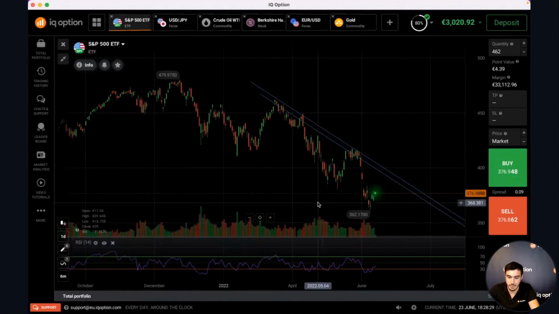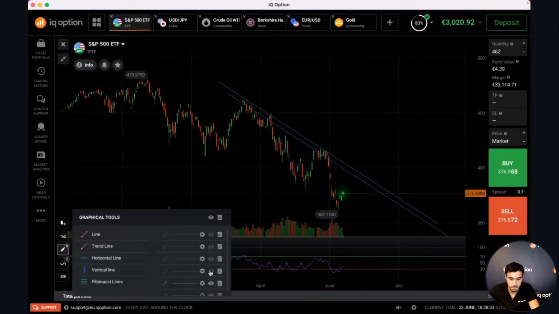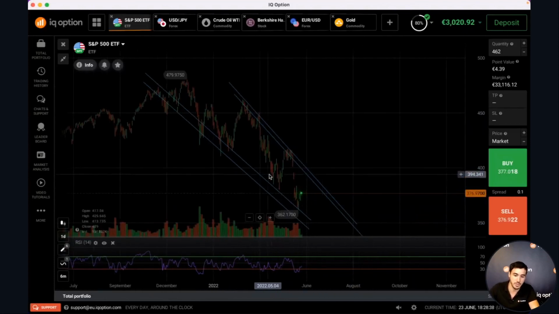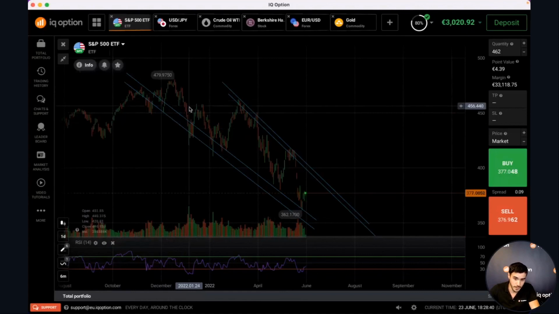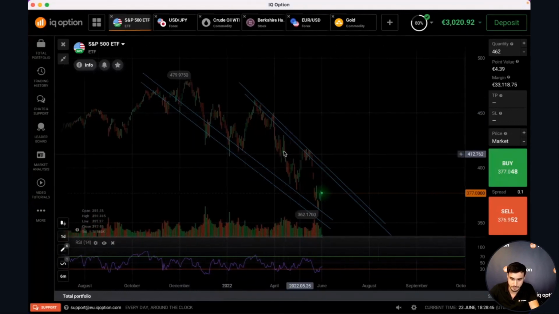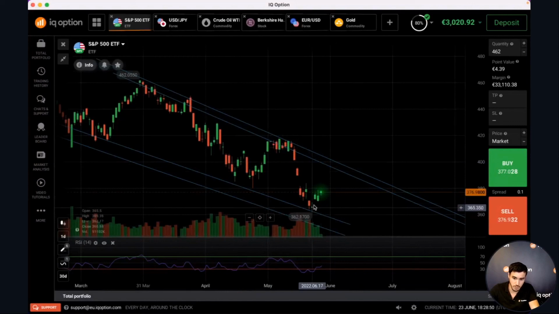So what is happening now in SP 500? See how much it went down. Let me recover these previous lines. So this is the current trend that we have in 1 day in SP 500. The last highs here, at the beginning of the year. Price going down. Now a small rebound, a bounce back.